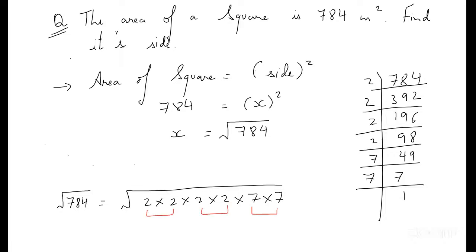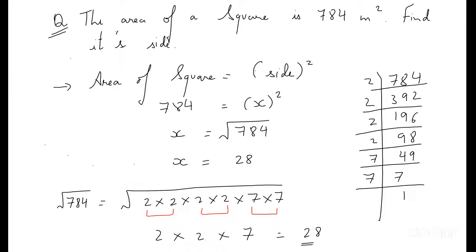So the root will be removed. 2 into 2 into 7, okay? 2 into 2, 4. 4 into 7, 28. Alright, so x will be 28.